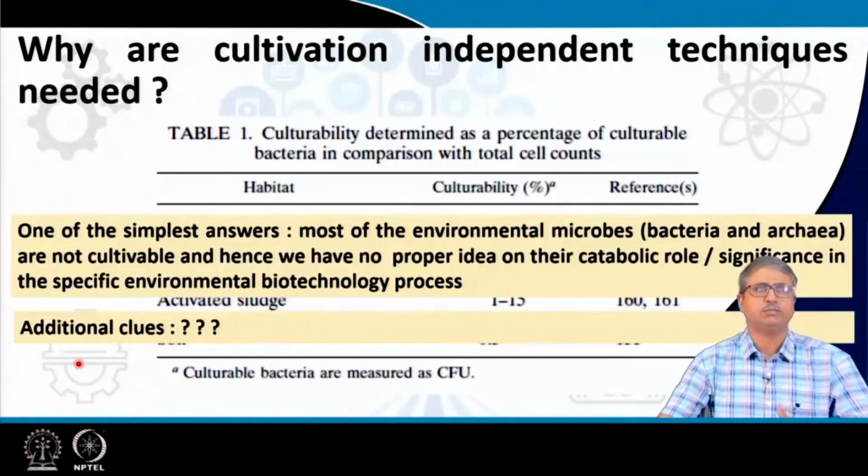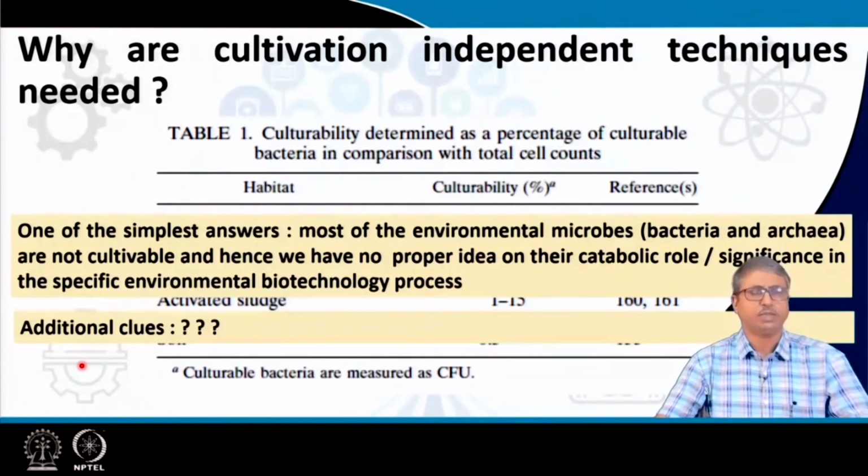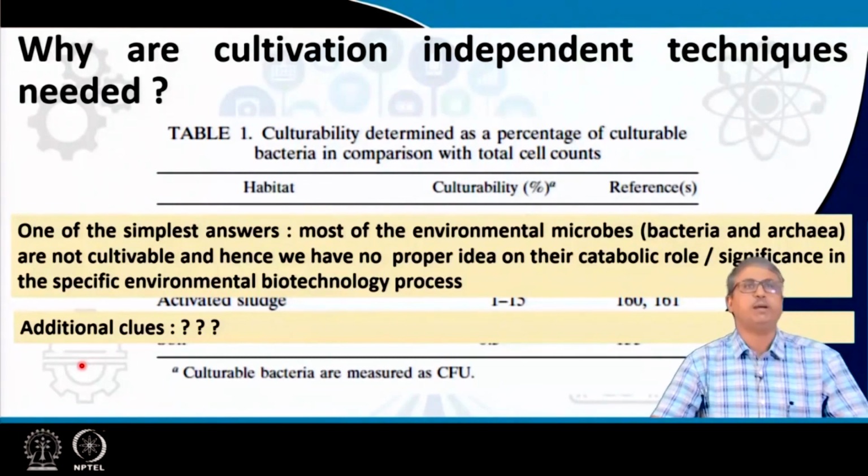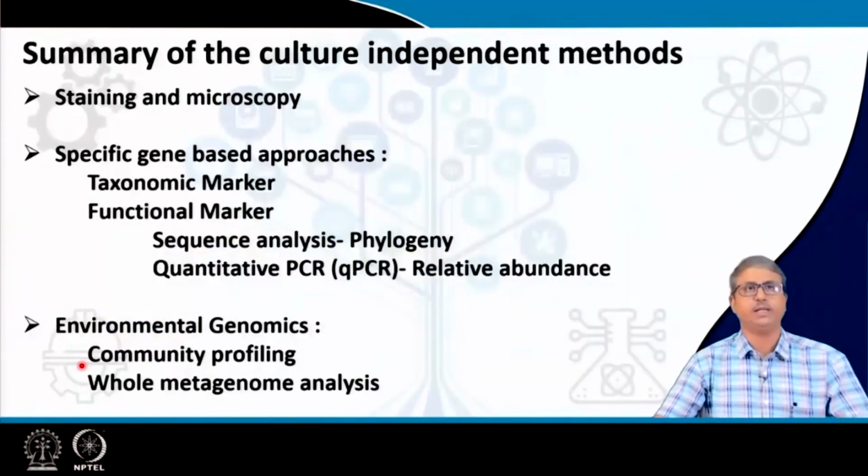So, waste degrading bacteria should be looked at as resource producing bacteria as well. That means the organisms capable of degrading some of the contaminants or waste materials may produce some useful compounds, but maybe not always in the laboratory condition. So overall we need approaches which are cultivation independent.